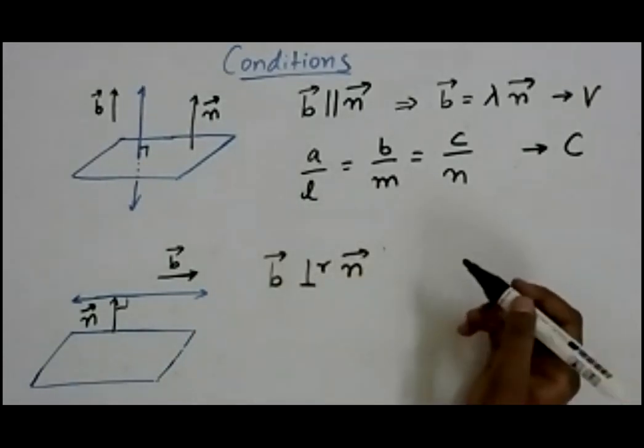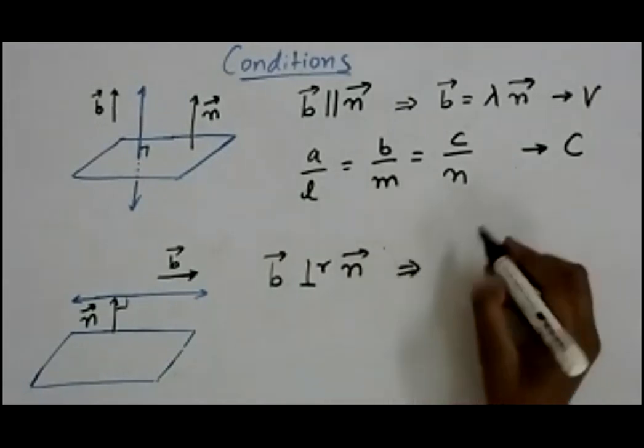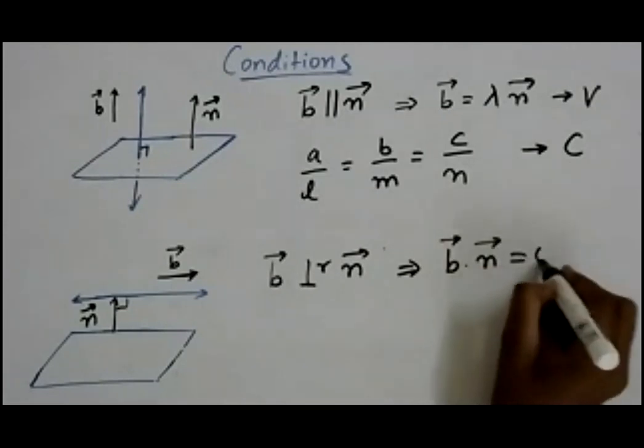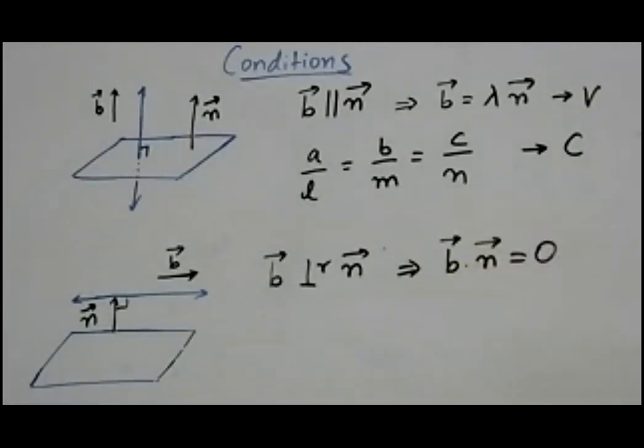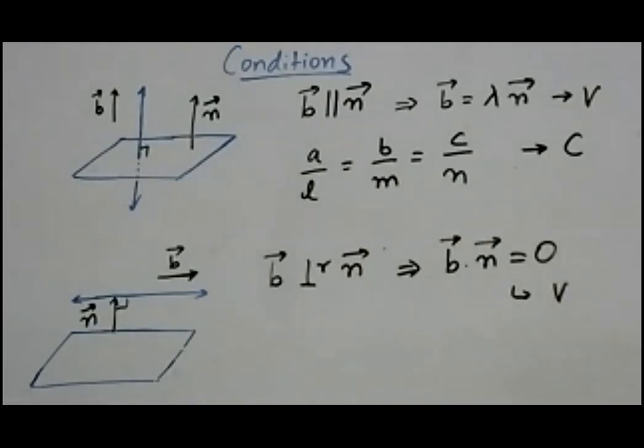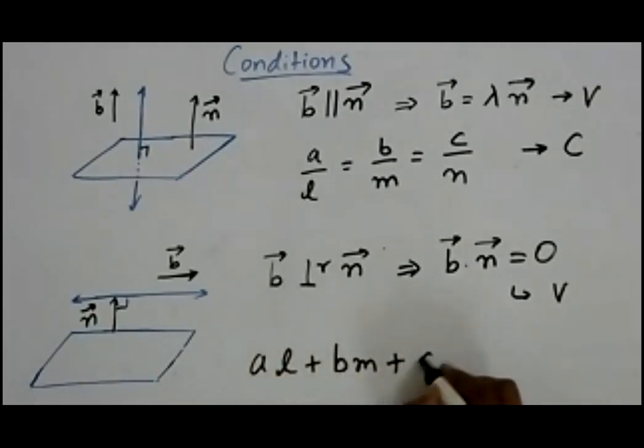If two vectors are perpendicular, that means their dot product is equal to 0. This is the vector form, and the Cartesian form is al + bm + cn = 0. This is the Cartesian form condition for a line and a plane to be parallel.